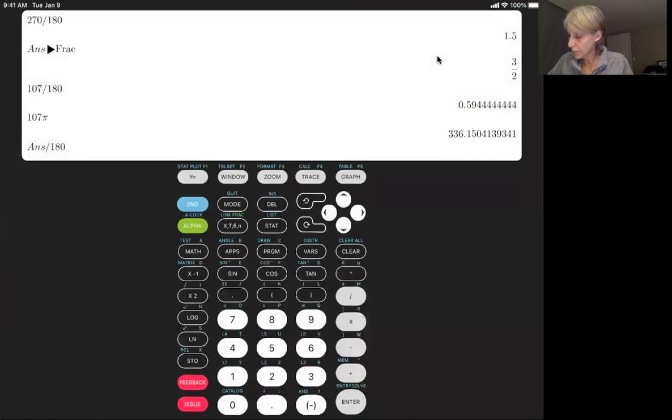Oh, I always have a problem with that. So I have 4.25 times 180, and now I'm going to divide my answer by pi. That would be 243.507 degrees.